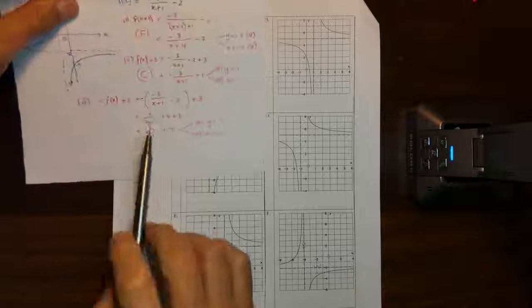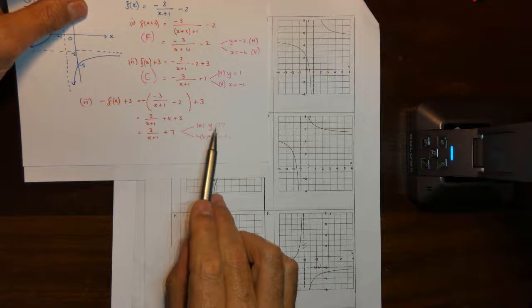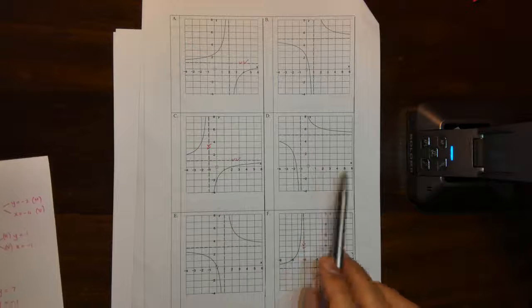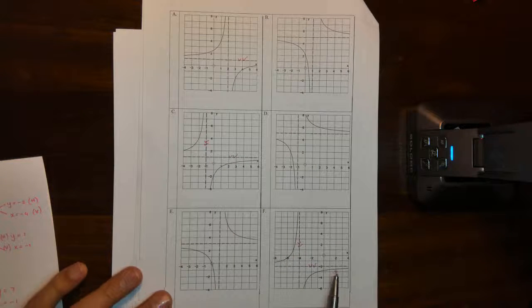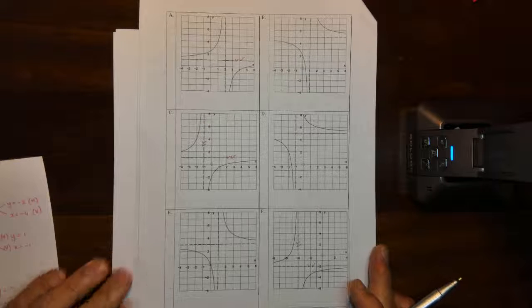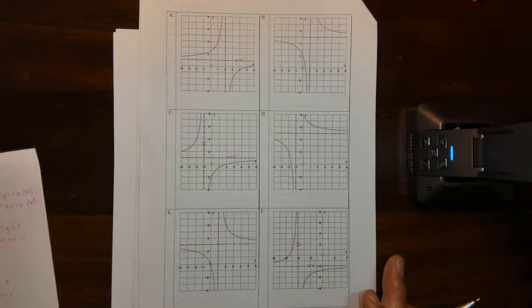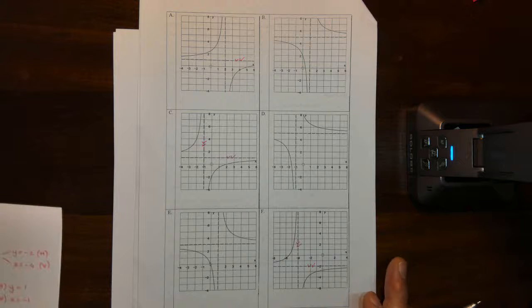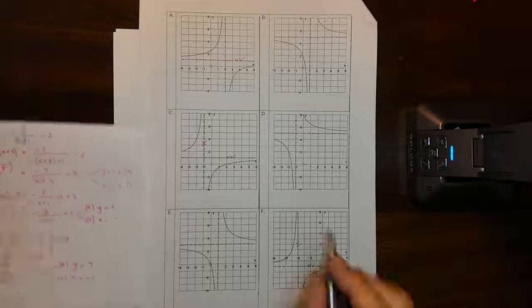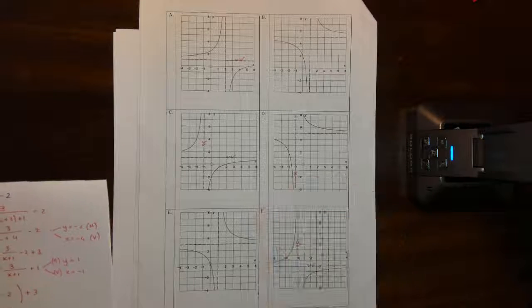The third one lies at a horizontal asymptote of 7. Now let's search for the horizontal asymptote of 7, which is not on any one of our graphs. The vertical asymptote lies at minus 1. Okay, so there's two vertical asymptotes at minus 1. Here's one.